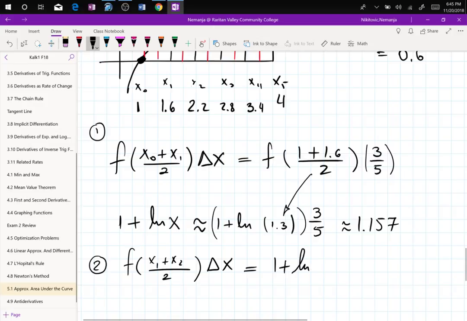And now the value here is 1.6 plus 2.2, that's 3.8, divided by 2, we get 1.9. So we are looking for 1.9, with a 3/5 times that, and that's going to give us a number. I'll just do it.